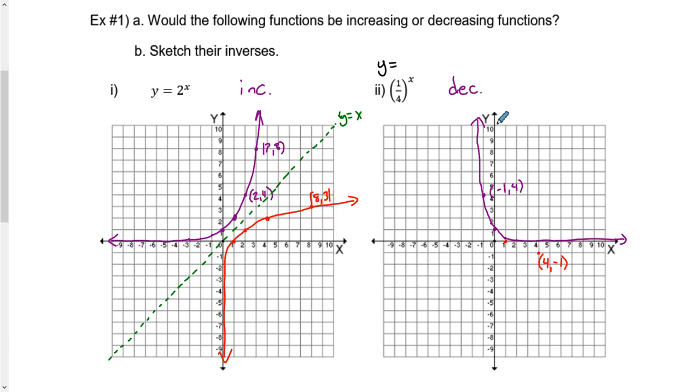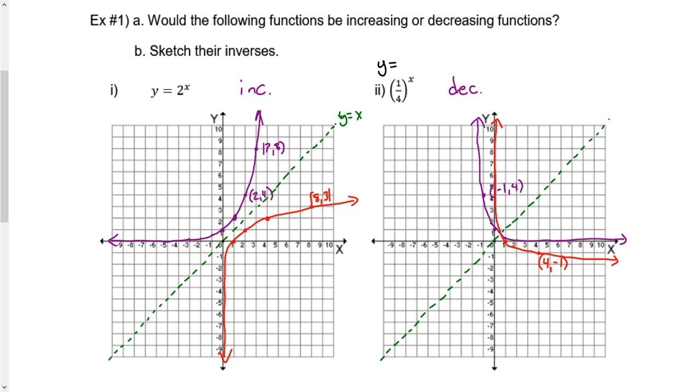Now, this one is a little bit trickier, but through lots of practice, I know that our graph actually looks like this, which is still actually a reflection over the line y equals x. It looks kind of difficult to see it, but it is there.